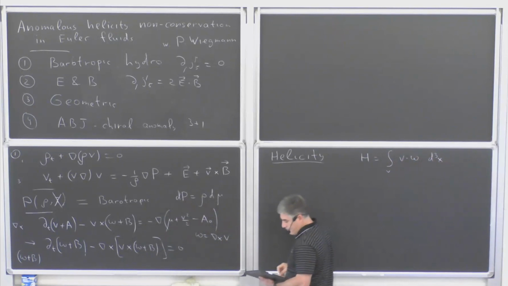And it turns out that if there are no magnetic fields, electric fields, then the well-known result is that this quantity is conserved. It appears as a miracle that it is conserved because you basically take this equation, this equation, using this and this, you can easily do this exercise, and you obtain that it's conserved. Okay, but there is some geometry behind it, and I will try to explain it.